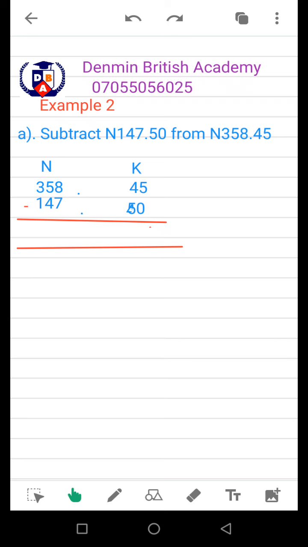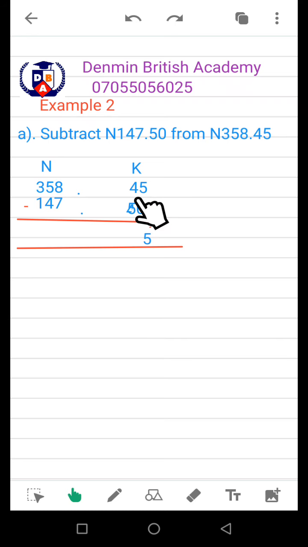That is better. So let's start. 5 plus 0. Oh, subtraction, so we are minusing. 5 minus 0. What is your answer? 5.